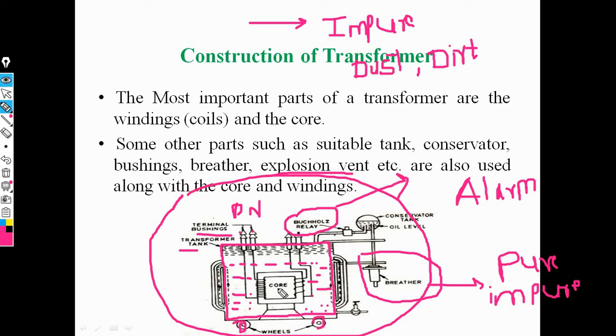Now this is the construction of the transformer. It depends on several parameters like the transformer tank, transformer terminals, design of the transformer, Buchholz relay, conservator tank, oil level indicator and breather. We also need wheels for moving the transformer from one place to another.